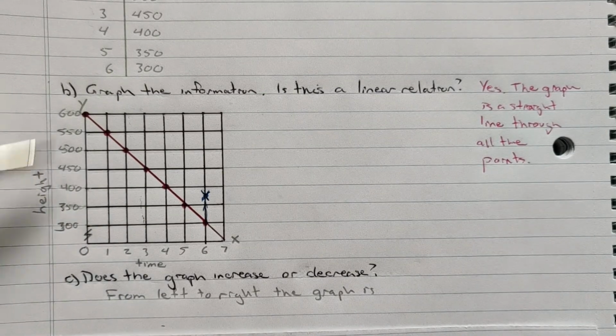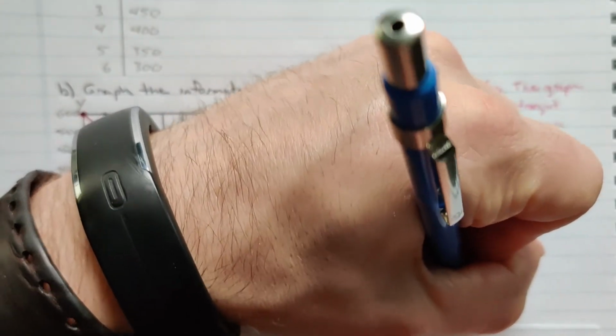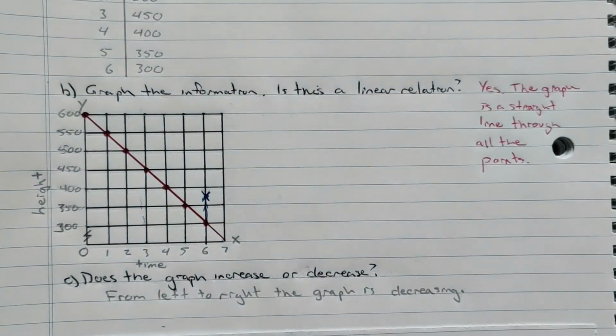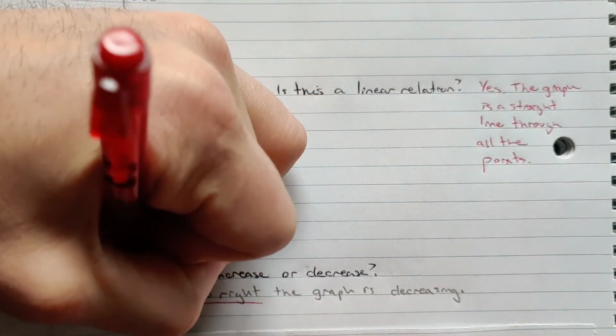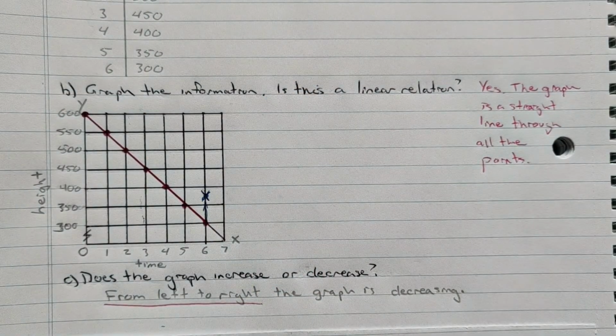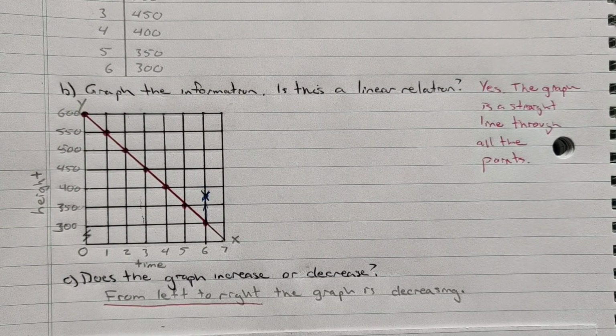The y value is decreasing from left to right. So it's a decreasing graph. And the important thing here is that as we move from left to right, we have a graph that's decreasing. We only read our description of increase or decrease as we move from left to right.